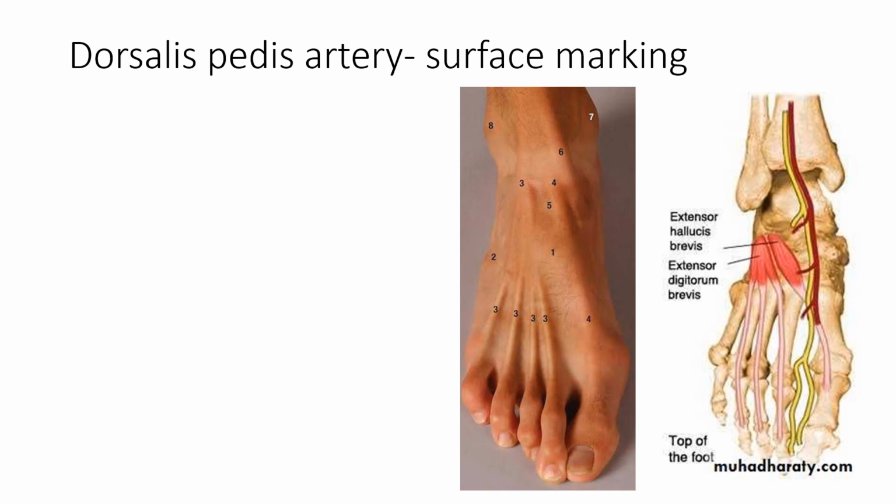For understanding the surface marking of the dorsalis pedis artery, let us review the surface projections of certain tendons and the spaces between them in relation to the dorsum of the foot. Let us see what these numbered structures are, and identify whatever you can.